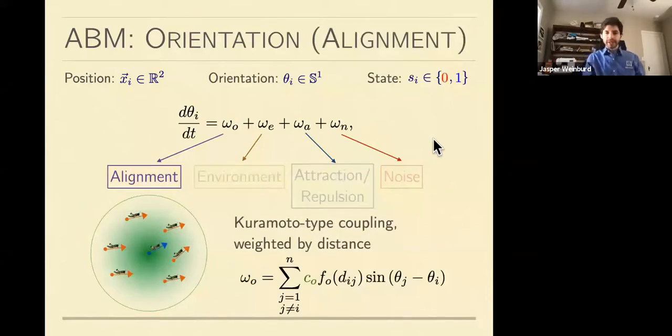So for alignment, remember I mentioned my background is in dynamical systems, and we use this Kuramoto type coupling, meaning I took this function sine in front of the difference here for a focal locust and the other locust nearby. And then we weight that by distance. So within this green circle, this locust is aligning its direction with its neighbors through some kind of weighted average, and then the evolution of this ODE.